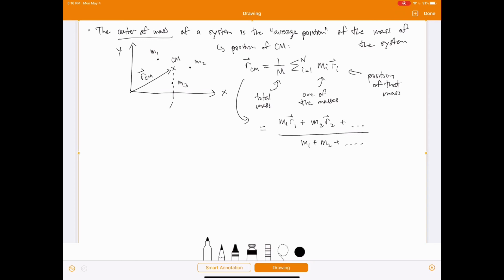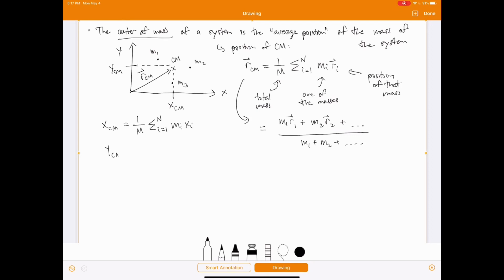Okay, so the last thing to say is the center of mass, of course, is a position. So we can talk about the x-coordinate, x_CM, and we can talk about the y-coordinate, y_CM. And of course, the only thing that really changes when we calculate those coordinates is instead of r, which is a vector, we have just x. So 1 over the total mass, from i equals 1 to n, that sum of m_i x_i.